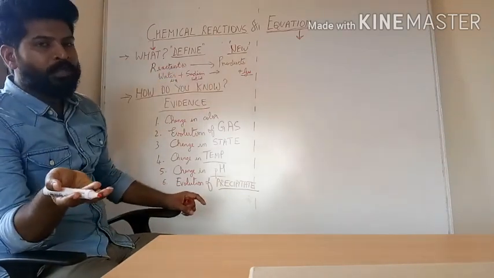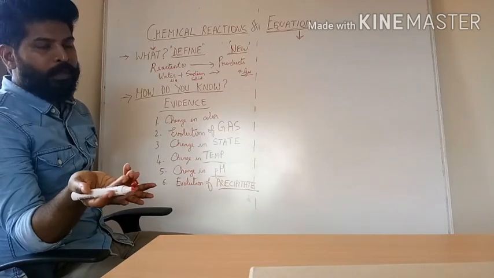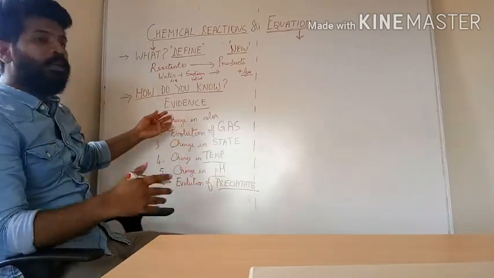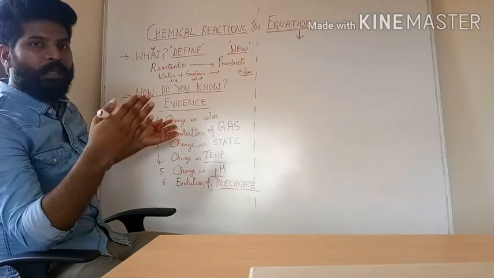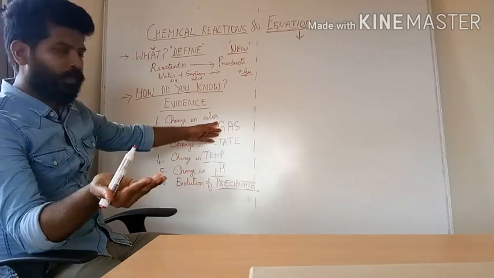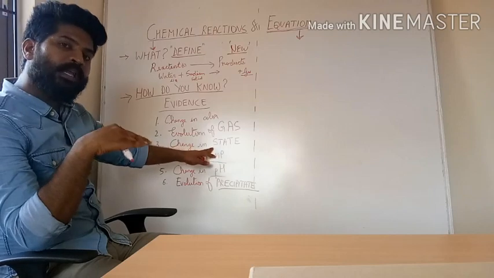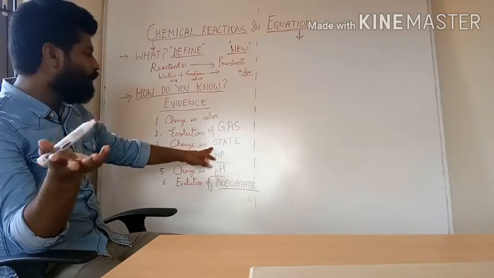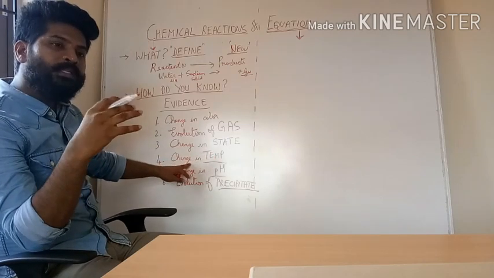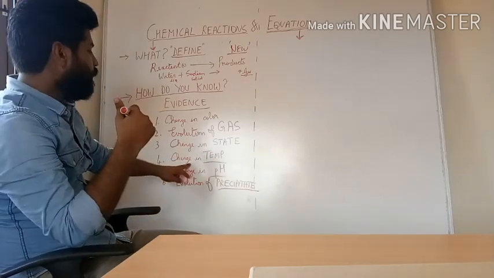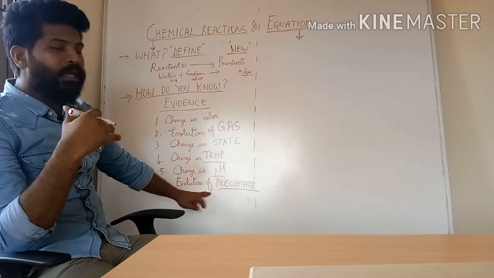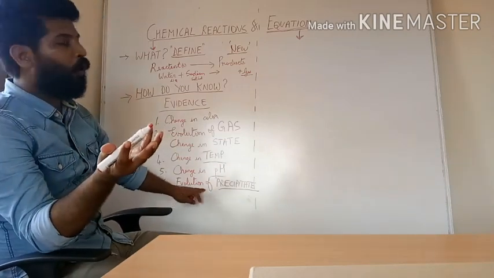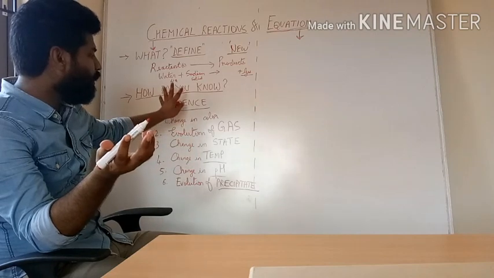The next question that we asked was, how do you know whether a chemical reaction has taken place or not? We know that if there is change in color, if a gas is produced in the reaction, if there is a change in state from solid to liquid or liquid to gas or otherwise, if there is change in temperature, and if there is an evolution of precipitate, formation of precipitate, all these are indications of a chemical reaction.